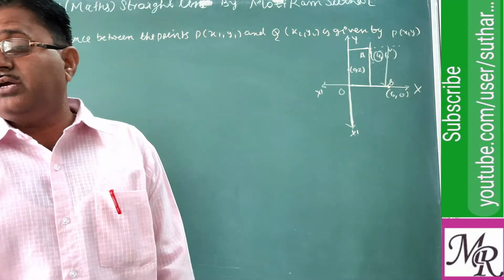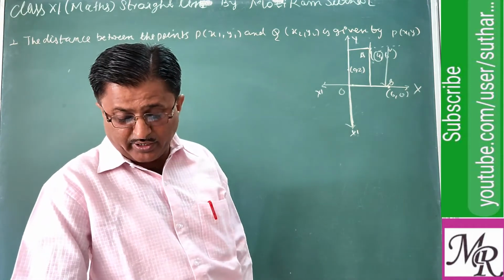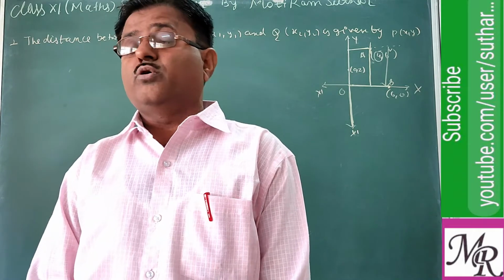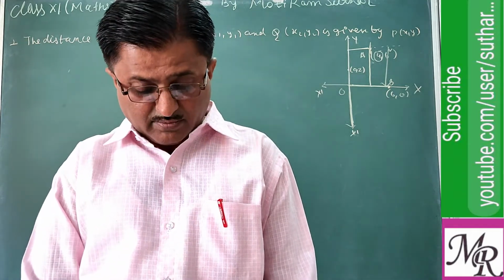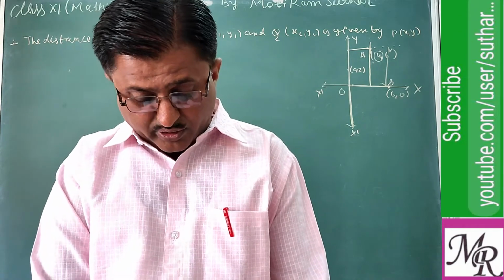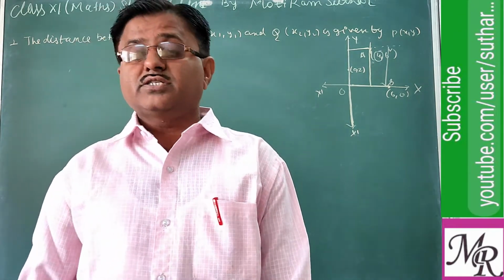So in this way one can find the position of a point, which we have already seen in the 10th class: how to plot points in the Cartesian system, or how to find the coordinates of a point already given in the Cartesian system.